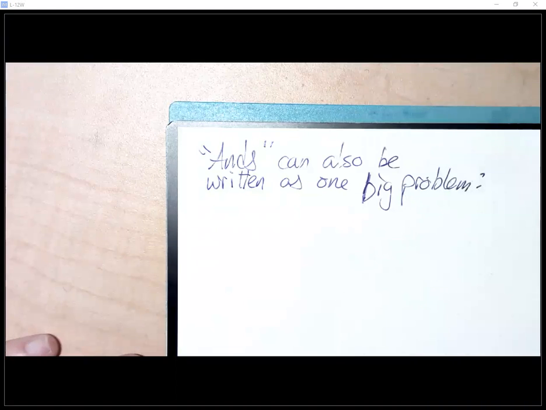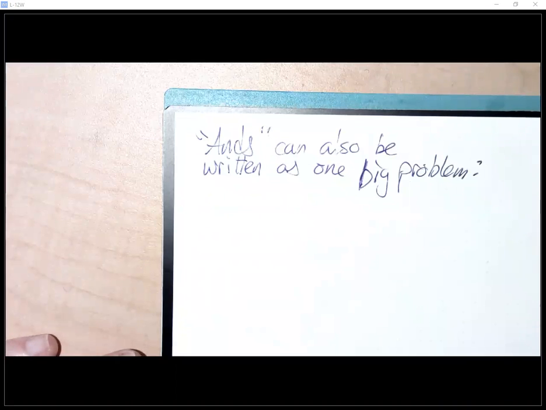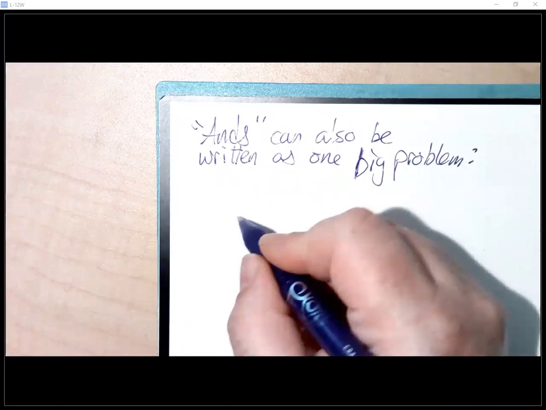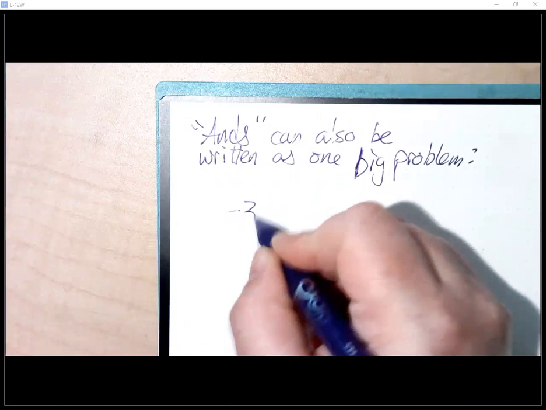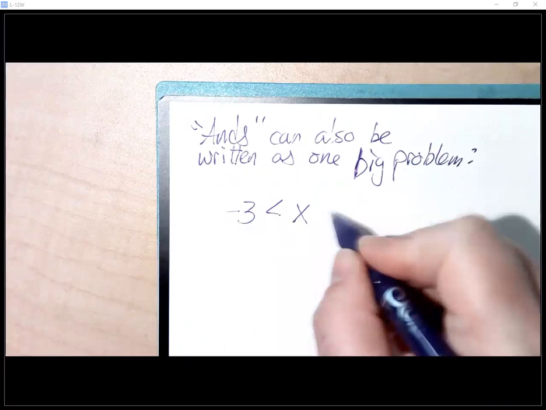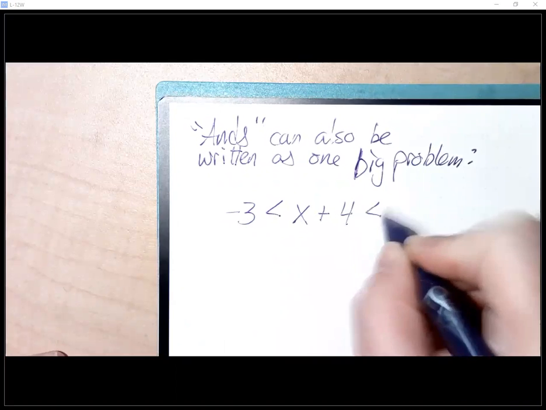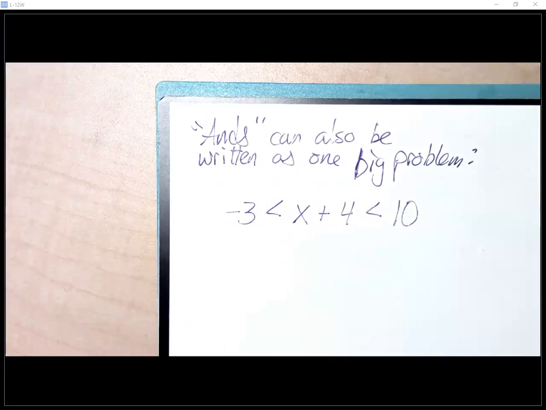This is going to look a little weird at first, but then you'll get the hang of it, I promise. So let me make something up here. How about -3 is less than x plus 4 is less than 10. My goal with these is just like any other inequality, I want to get the x by itself. Okay, I always want the x by itself.